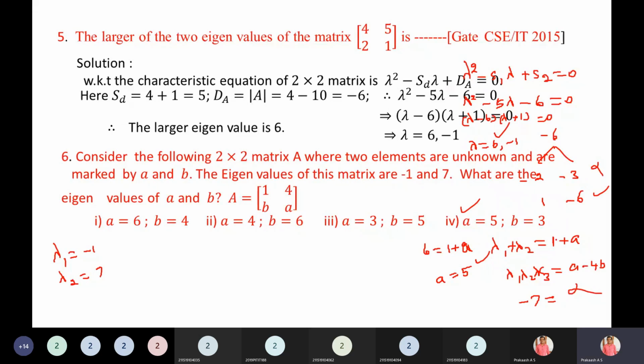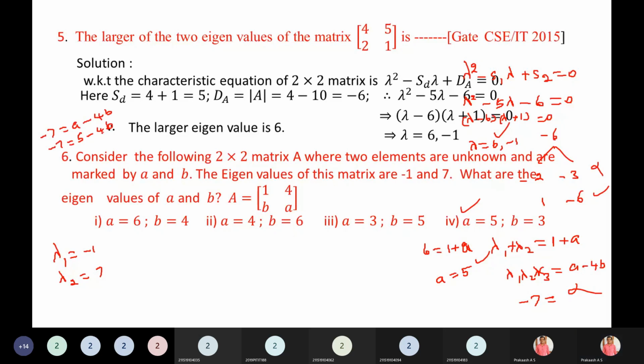Definitely the other value will come, no problem. So minus 7 equal to A minus 4B. The A value is 5, so minus 7 equals 5 minus 4B.